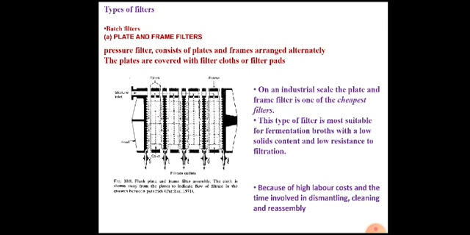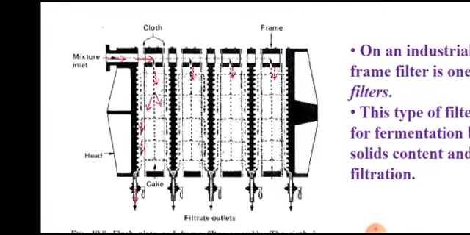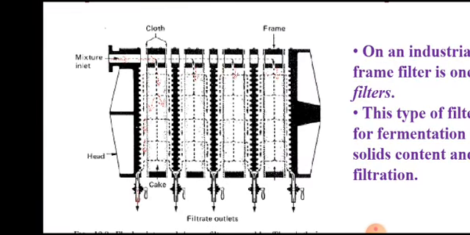Let us see how it works exactly. You can see the red arrows here. That shows the flow of the fermentation broth having low solid content. It is entering into the frame, and the frame is porous, and from the frame it will enter into the plate. While entering into the plate, it has to cross through the cloth which is present around this plate.